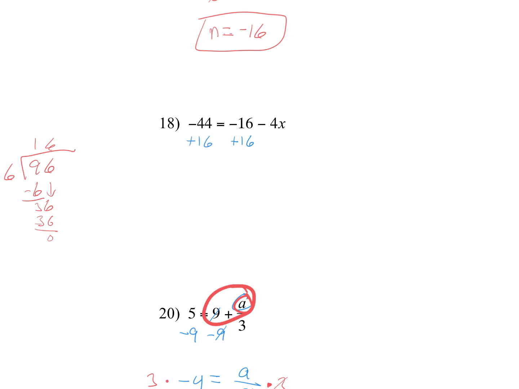This should get you negative 28, I believe, equals negative 4x. Then you want to divide both sides by negative 4. Negative 4 divided by negative 4 goes away. And then 28 divided by 4 is 7, and negative divided by negative is positive, so we keep it positive. So you get 7 equals x.